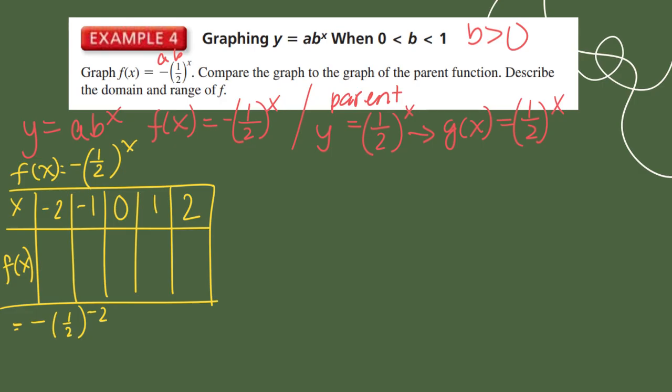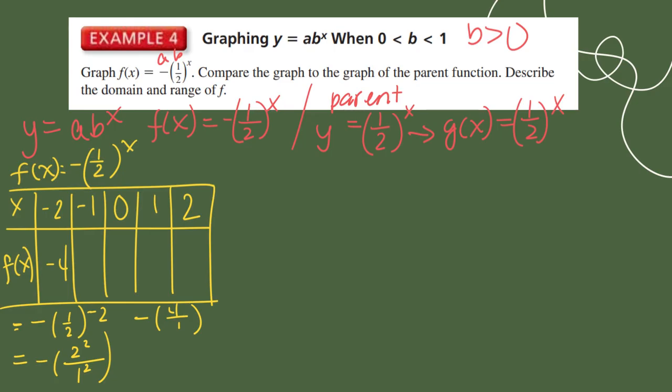This is a negative exponent, so switch it to a positive exponent, which gives me negative 2 over 1 to the power of 2. You distribute. So I'm going to have now negative times 4 to the power of 1, which gives me negative 4.